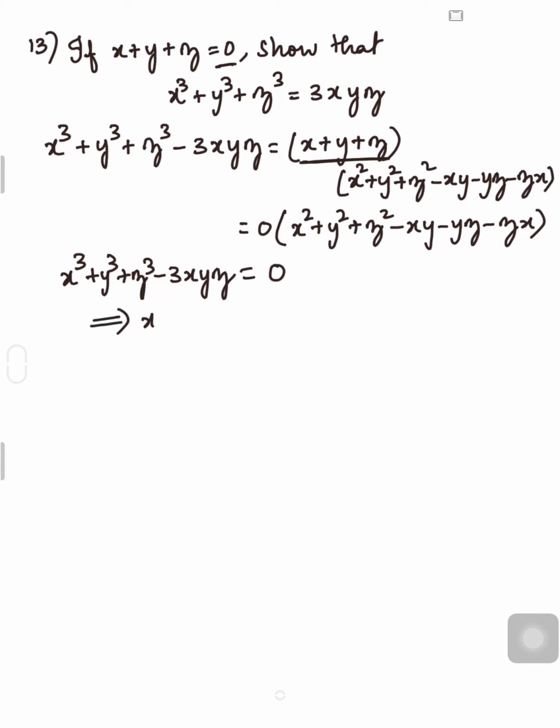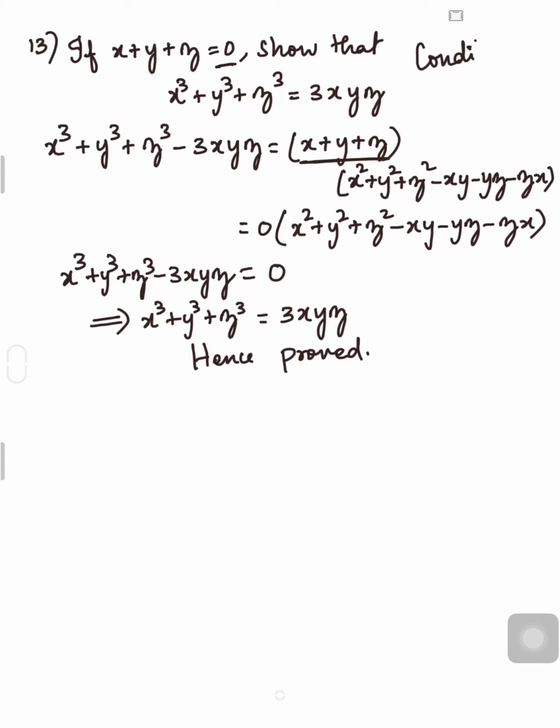So which implies x cube plus y cube plus z cube is equal to, that minus 3xyz comes inside plus 3xyz. Hence we have proved. This is nothing but your conditional identity which they told you to prove.